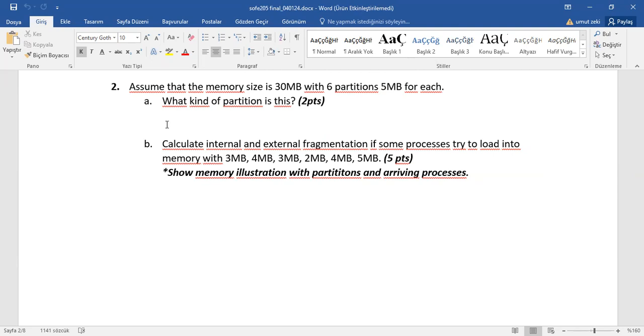In fixed partition, let's say you open your computer and in the beginning, the operating system creates partitions for the memory, because now we don't need to make partitions. We can put all the programs in one place.